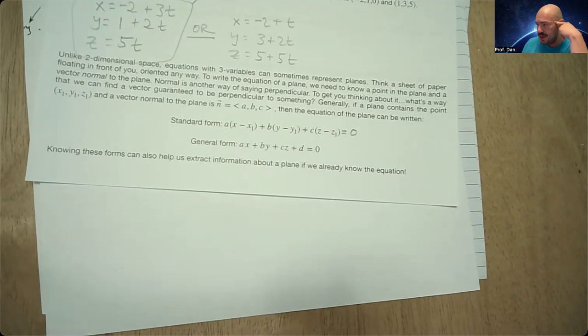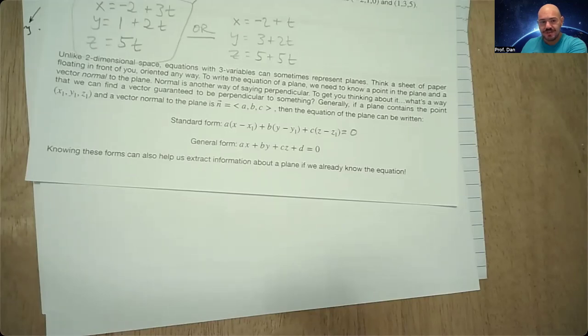And I want us to use our brains for a sec. I want us to think back to one of the previous videos. What is a thing that I can do to find a vector that is always perpendicular to some other entity? We've already looked at how to do this for a set of vectors.